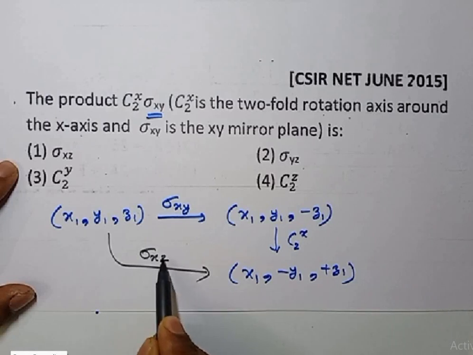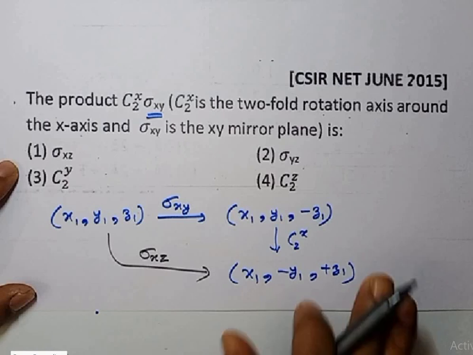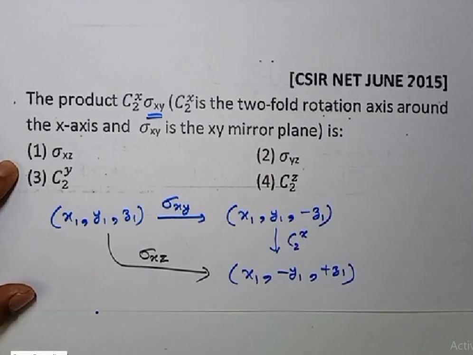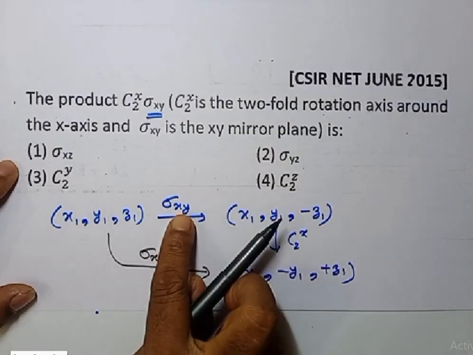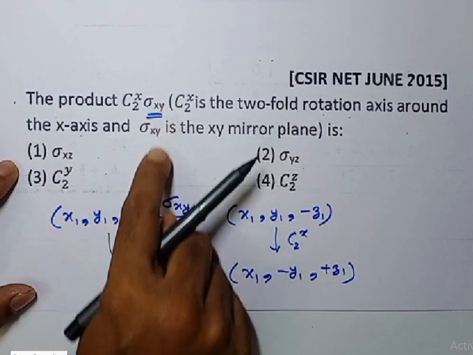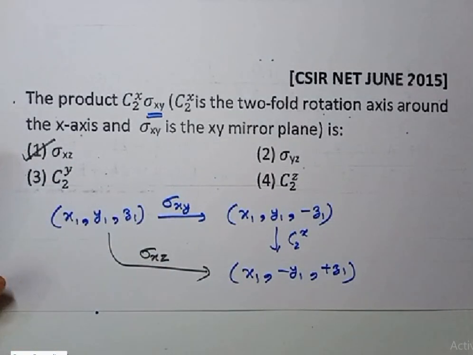If you keep a plane passing through x and z, x value, z value remains as such, y changes sign. So the product of these two, sigma C2x into sigma xy, is equal to sigma xz operation. So the correct option for this question is option 1.